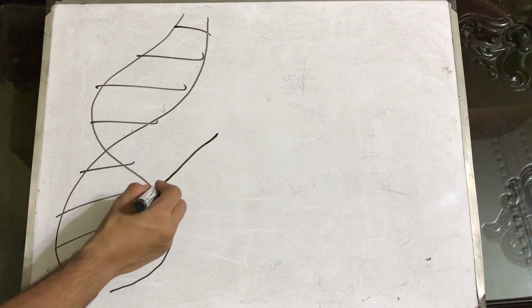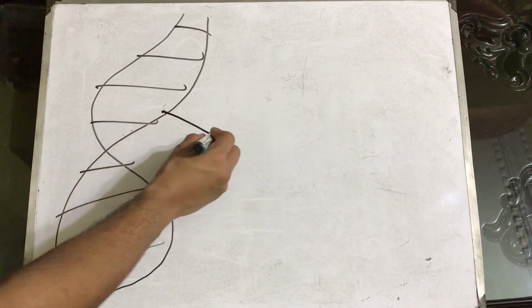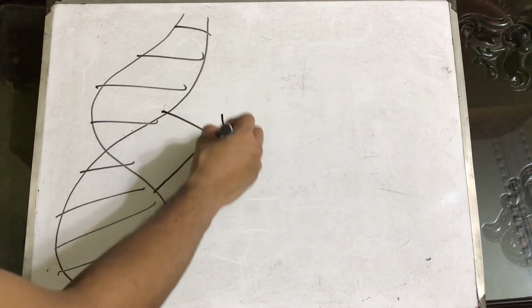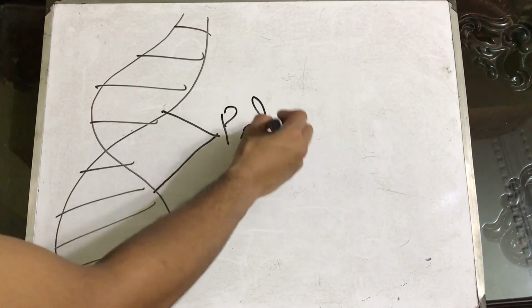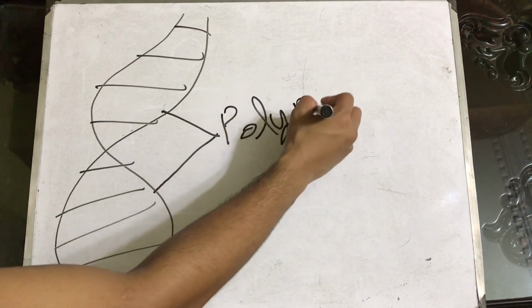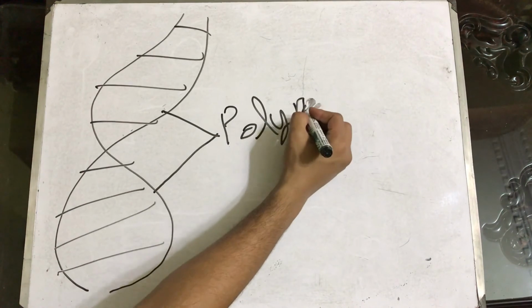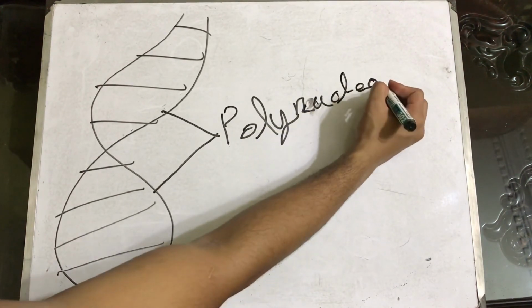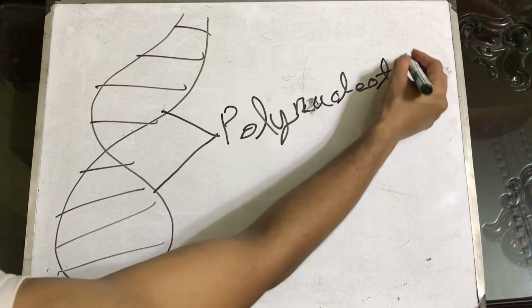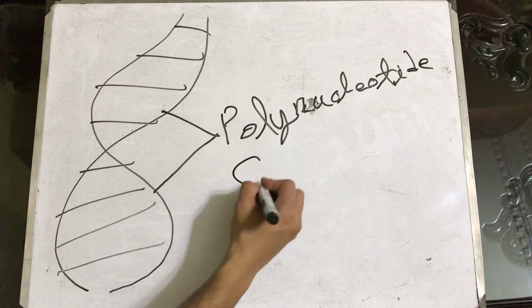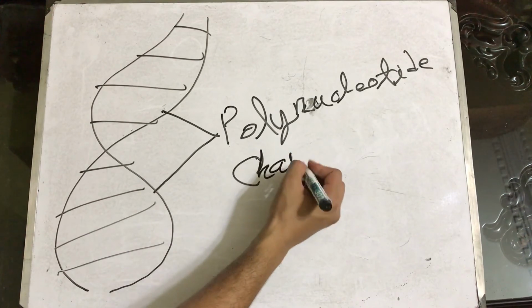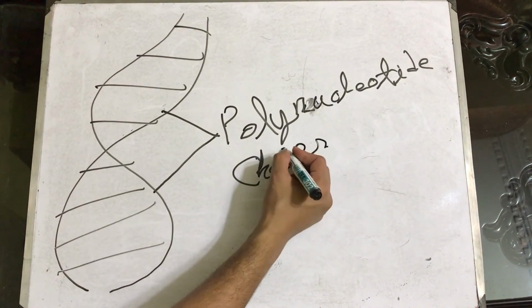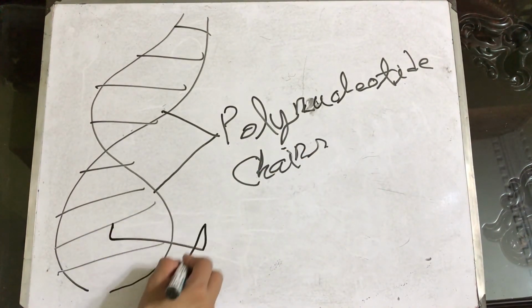So this and this are the polynucleotide chains. And these are the hydrogen bonds.